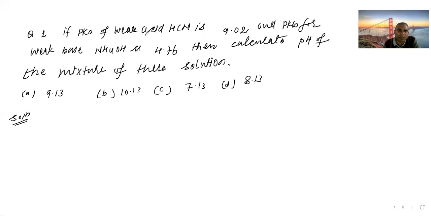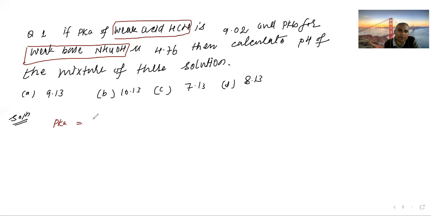First of all, they have said HCN is a weak acid, and the other is a weak base, NH4OH. They have given pKa as 9.02 and pKb as 4.76.